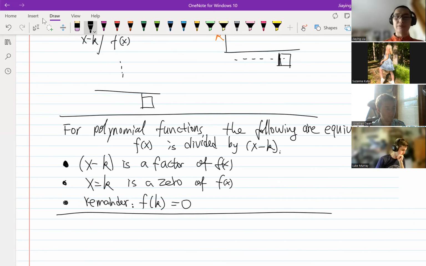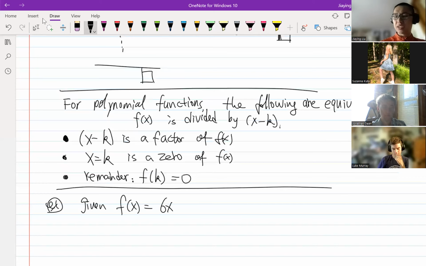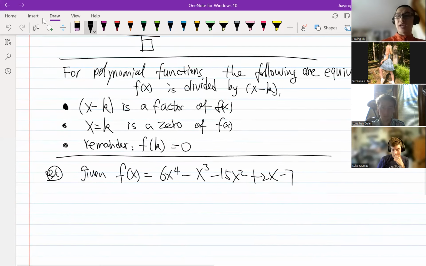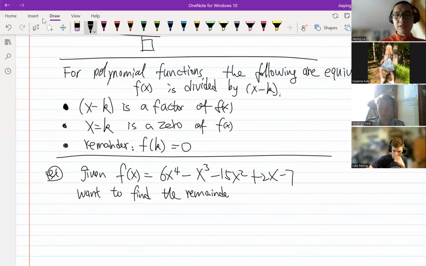So those three are equivalent. So I'm going to go over one example quickly. Example: given f of x equals 6x to the fourth minus x cubed minus 15x squared plus 2x minus 7, we want to find the remainder of this f of x divided by x minus 2.